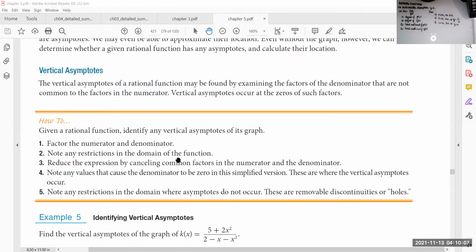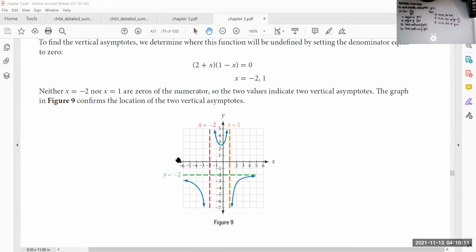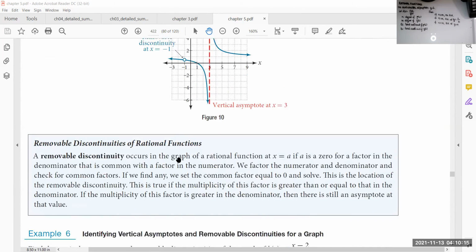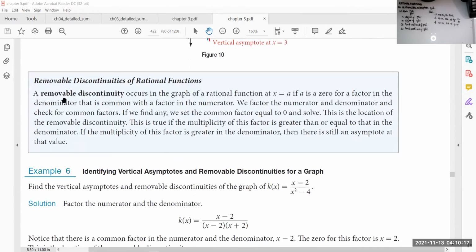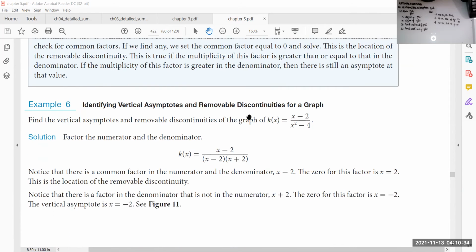Okay, so this is how we find the vertical asymptotes. This is the removable discontinuity. It occurs in the graph of a rational function if a is a zero for a factor in both the numerator and denominator. If we can simplify it, then it is a removable discontinuity. Otherwise, it is a vertical asymptote.